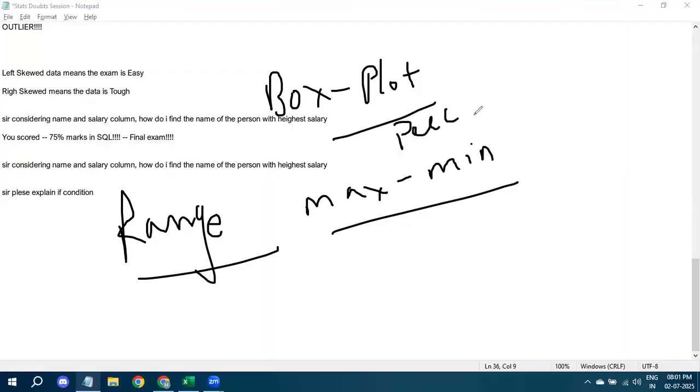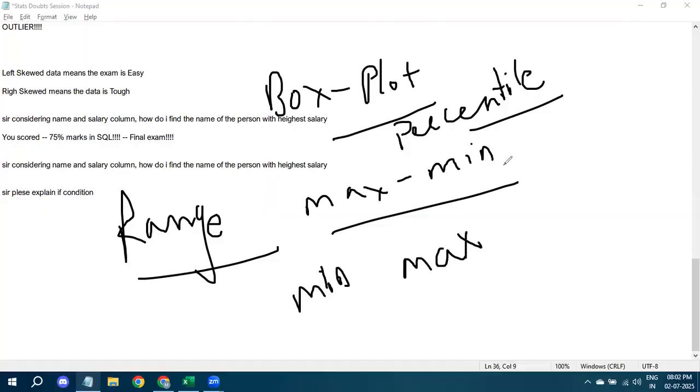How many of you have heard about the term percentile? Yes, we did. Sandeep gave us a very good session on percentile. Okay. The min and max in a box plot talk about the percentiles, not the range of values. This range is for the entire data set.